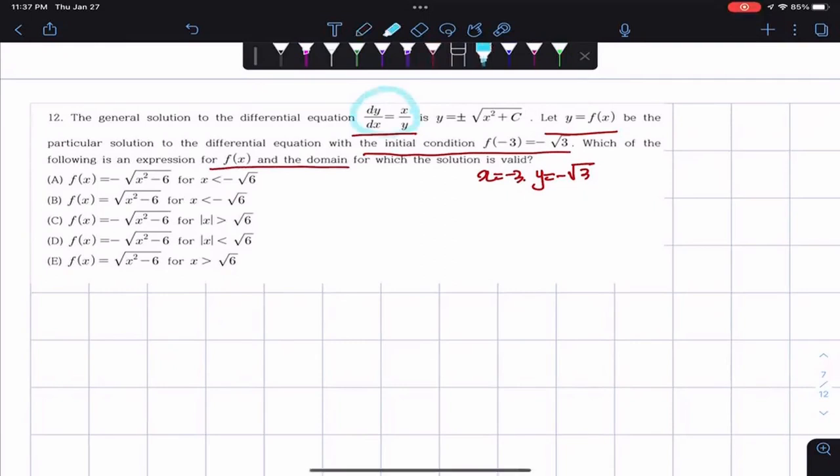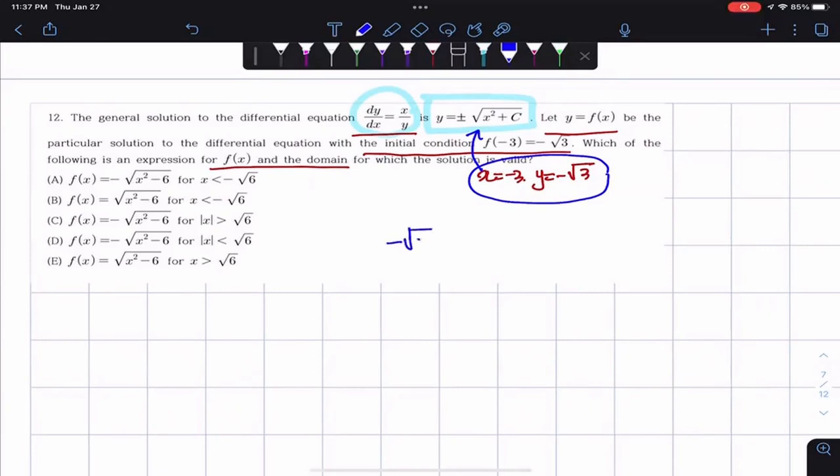This is a differential equation. The latter part is the result. By using this initial condition, we can find the constant c. So plug in this value instead of x and y.